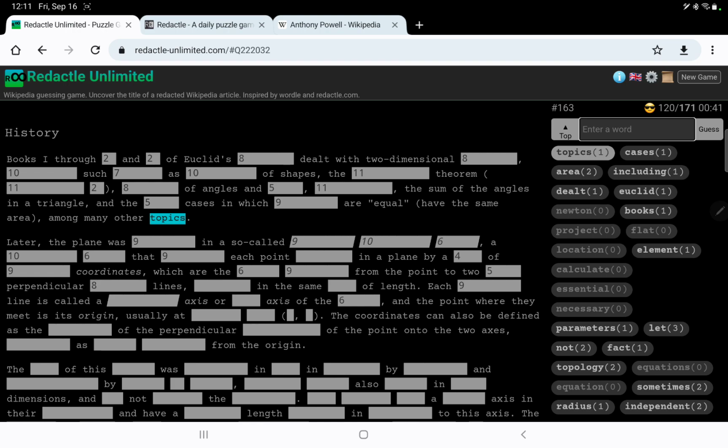Later, the plane was something in a so-called 9-10-6. That 9 each point 8 in a plane by a 4 of 9 coordinates. I gotta think some of these 9-letter words are the one in the title. 8 in the same 4 of length.